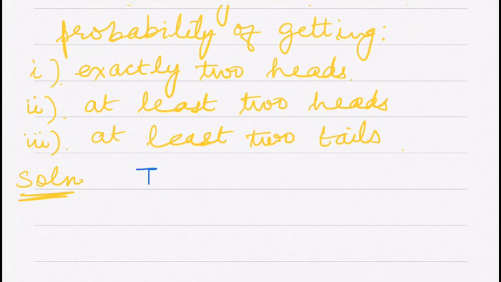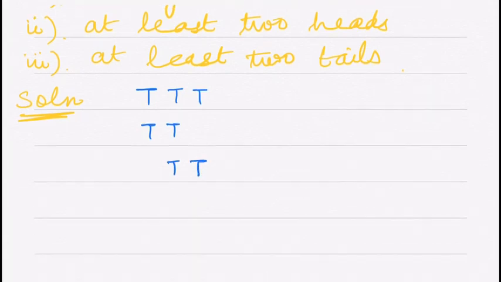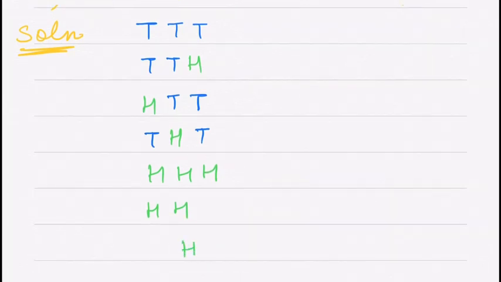So there will be TTT, then TTH, then THT, then HTT, then THH, then HHT, and HTH. Let's count: 1 2 3 4 5 6 7. One more, guys, that will be HHH.